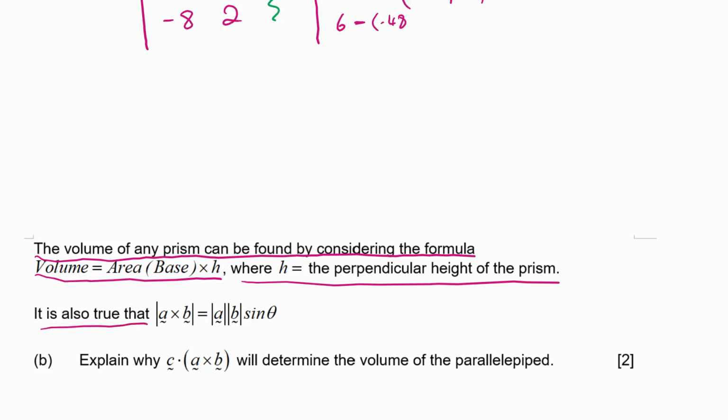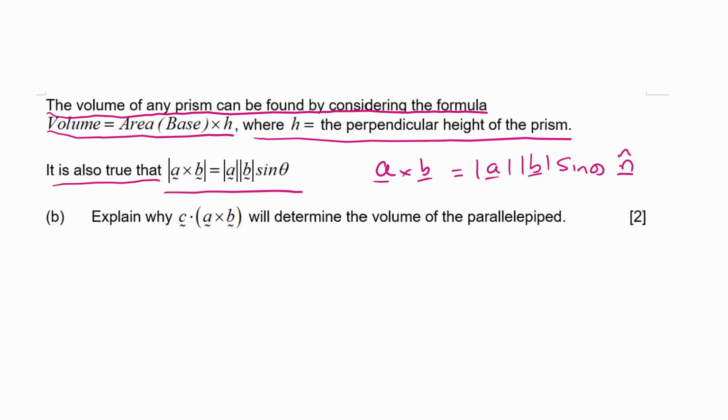It's also true that the magnitude of A cross B is mod A mod B sine theta, and A cross B without the modulus is mod A mod B sine theta n hat, where n is a vector which is perpendicular to both A and B. So explain why the scalar triple product C dot A cross B will determine the volume of the parallelepiped.